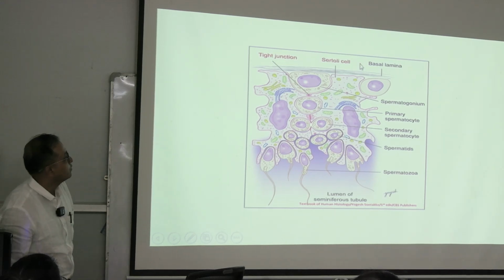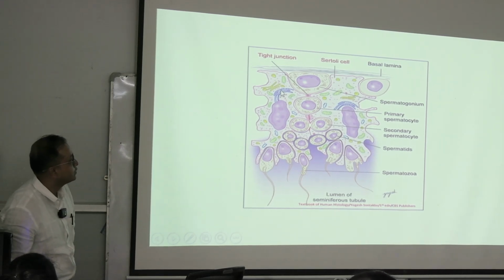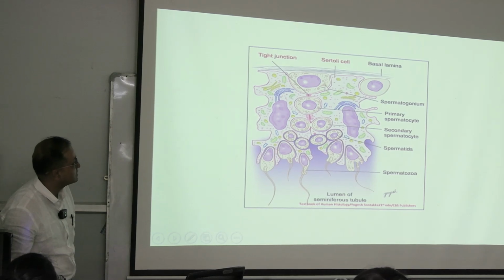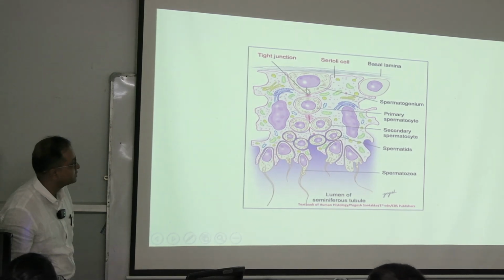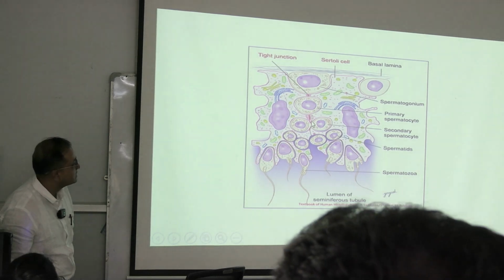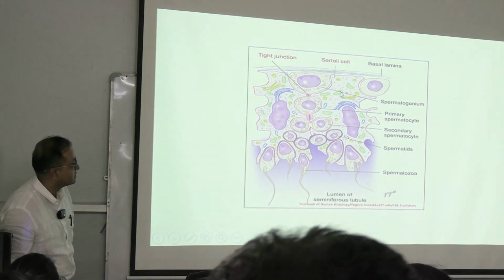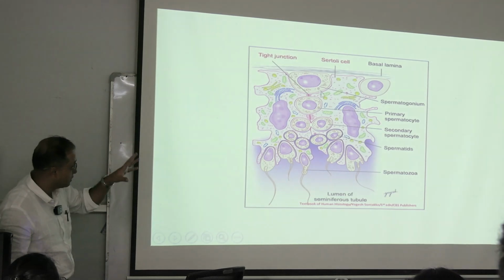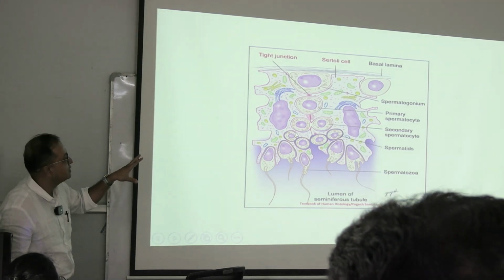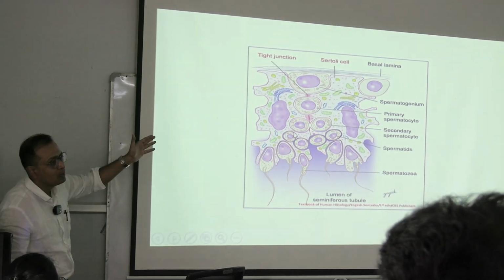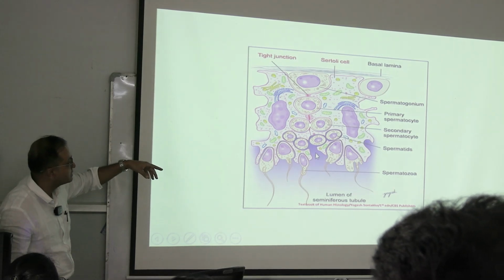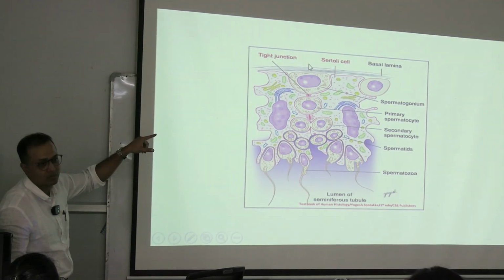We see that we have the sustentacular cells, also known as Sertoli cells, present inside. Between these sustentacular cells and the spermatogonial cells there is a very tight junction, so that there is no leakage of sperm cells to the exterior blood vessels.